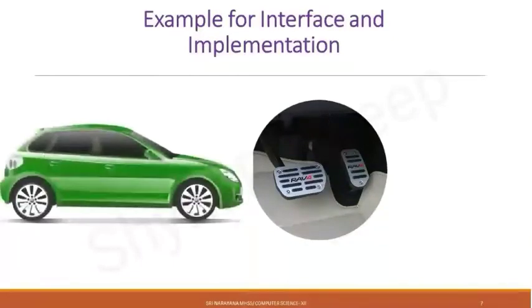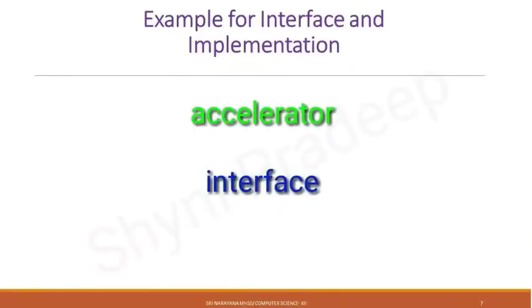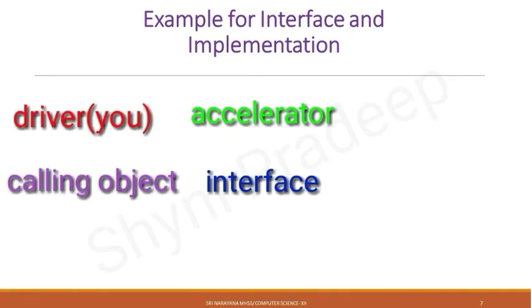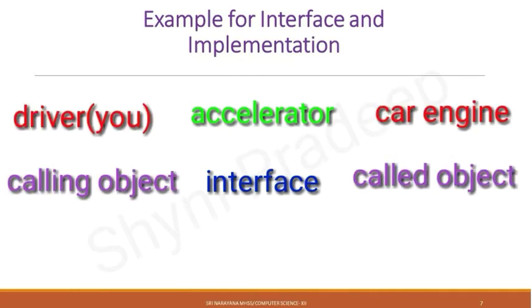In this example, accelerator is called the interface between you and the car, because the interface connects you and the object. Here the driver is the calling object and the car engine is the called object, which means you are the calling object and the car is the called object.